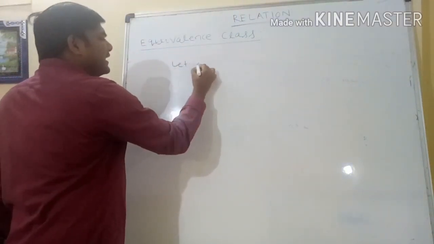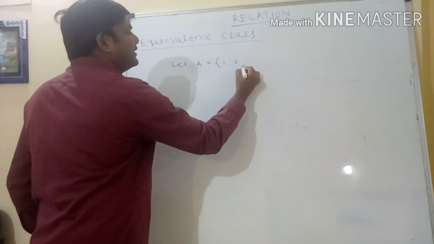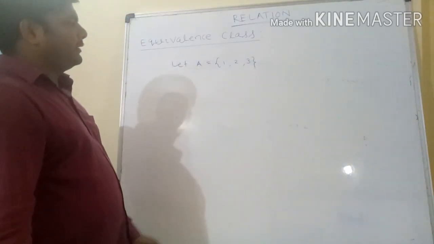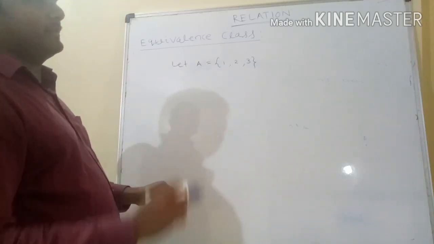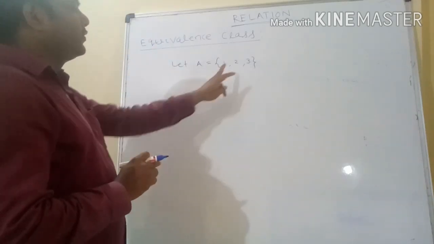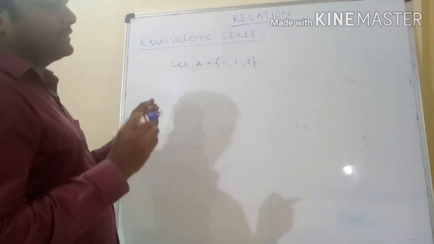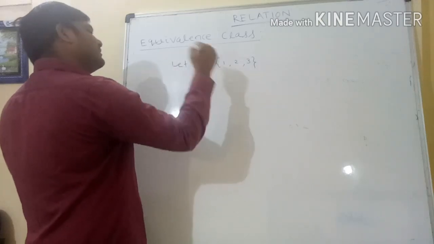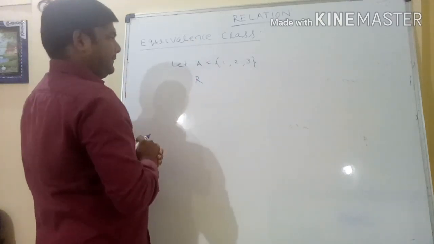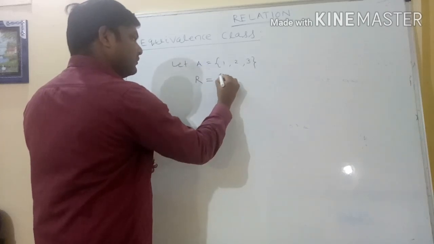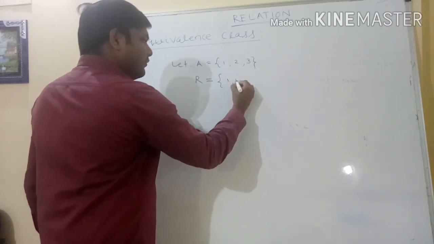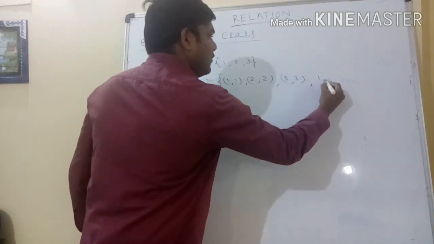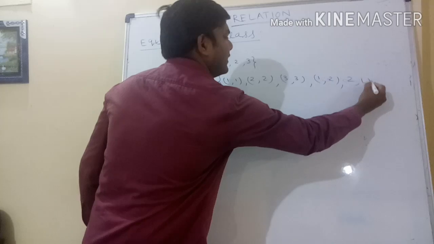Let us consider a set A = {1, 2, 3}. Here, every element has an equivalence class. 1 has an equivalence class, 2 has one, 3 has one. Let R be an equivalence relation defined on the set A, and R is equal to {(1,1), (2,2), (3,3), (1,2), (2,1)}.